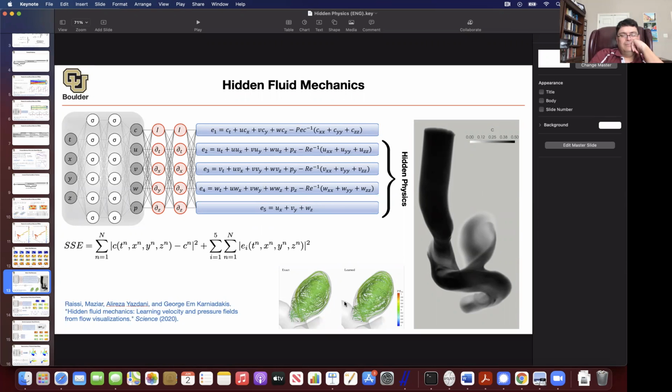If you want to do the same thing using Nektar, a spectral element solver, the forward one takes more than 48 hours. And imagine that you have to do that at least thousands of times to get this. That's just impractical if you want to go the finite element, finite volume, or spectral element route.